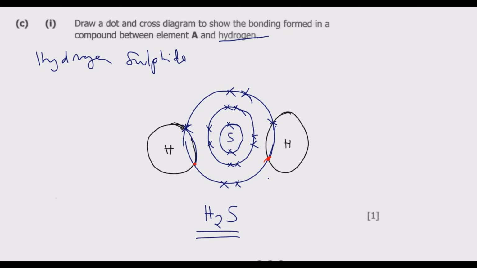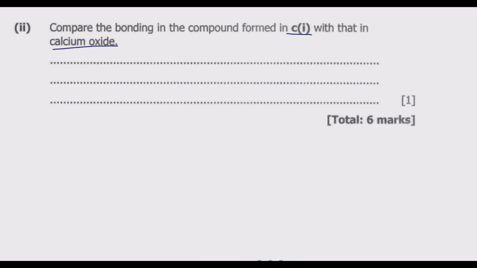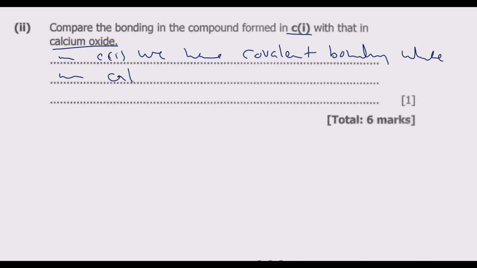You notice that in C Roman numeral 1 we have covalent bonding, while in calcium oxide it is ionic bonding. Covalent bonding is between non-metals, hydrogen and sulfur.